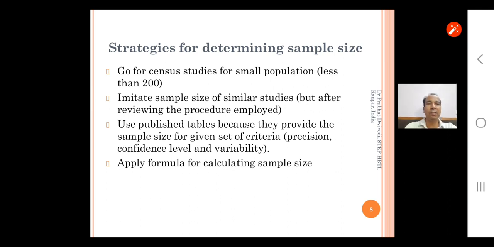So we will not land in trouble if we go through those tables and get an idea about our sample size for our study. They have already determined the sample size based on the precision and confidence level. And the last strategy we can read in this slide is to apply a formula for calculating sample size. When all these previous things don't work, we have the formula to apply.